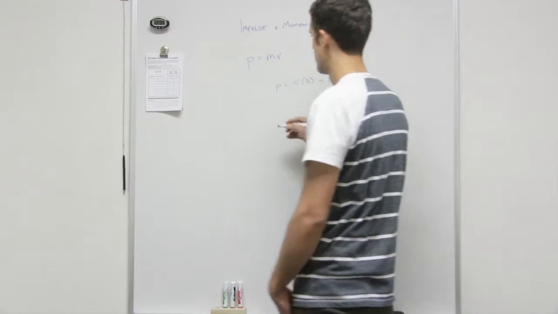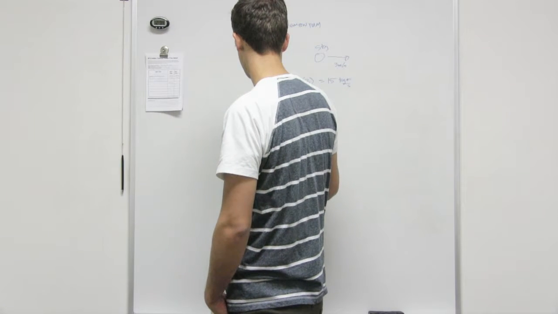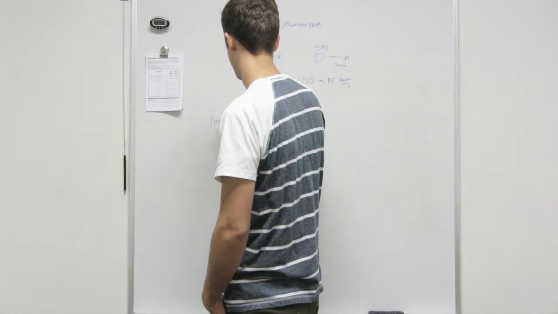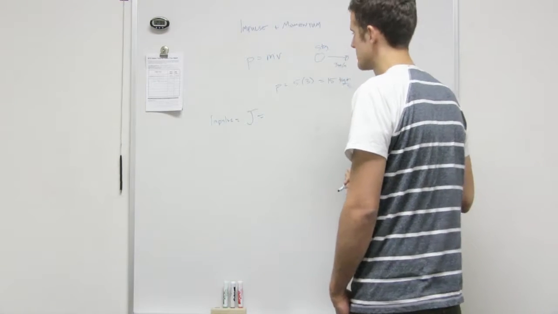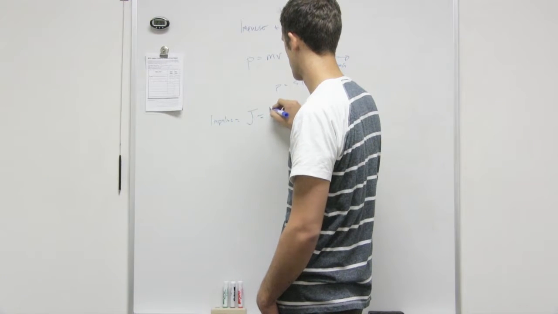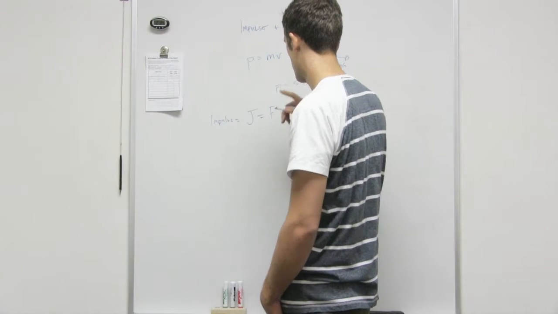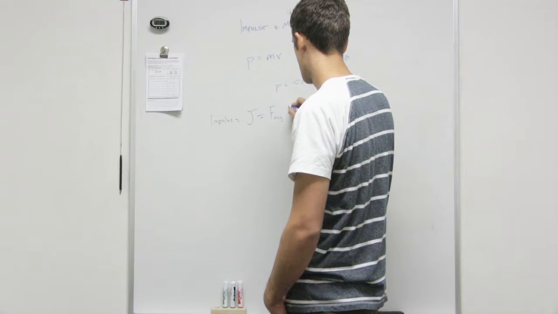Okay, and then impulse is J. It's equal to an average force times a time.